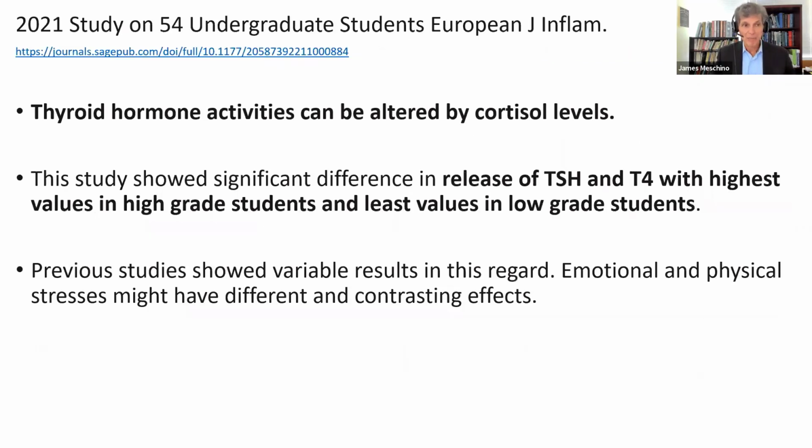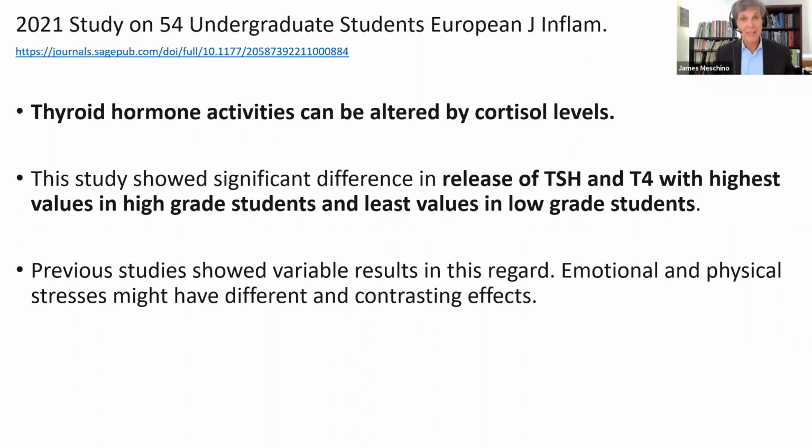And in 2021, they did a study of 54 undergraduate students published in the European Journal of Inflammation. And they said thyroid hormone activities can be altered by cortisol levels. So in this study where there's acute stress, like going into exams, the study showed that there's a significant difference in the release of TSH and T4 with the highest values in high-grade students and the least values in low-grade students.